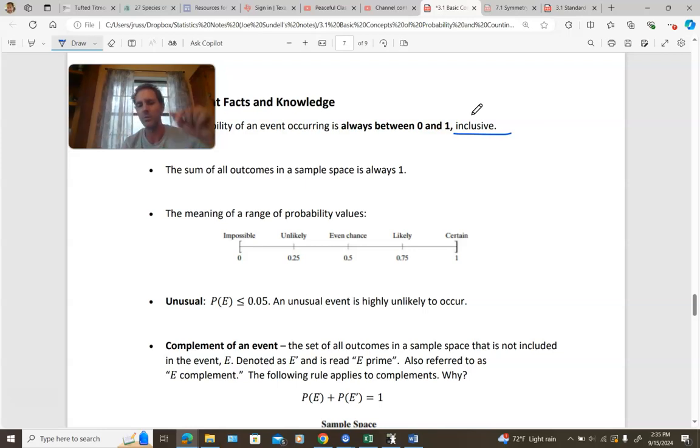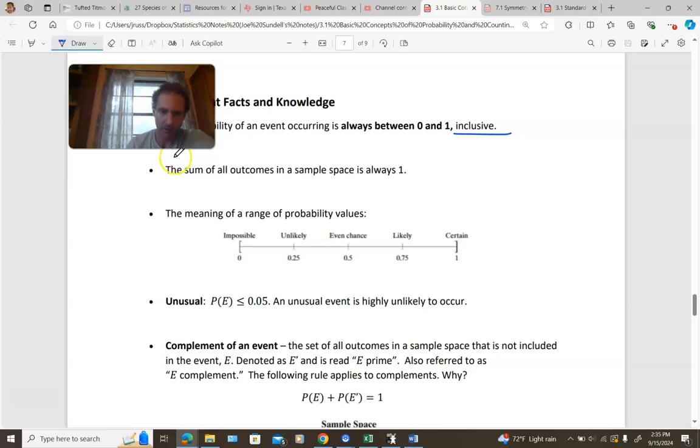Those two events are what we're going to refer to later on as mutually exclusive. They both cannot occur at the same time. So anyway, and then in a similar vein, any event that has an associated probability of 1 is said to be certain to occur.